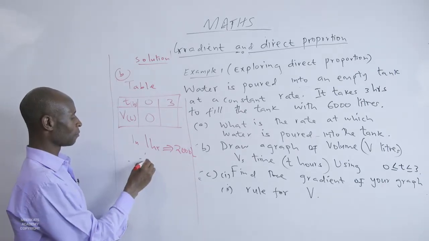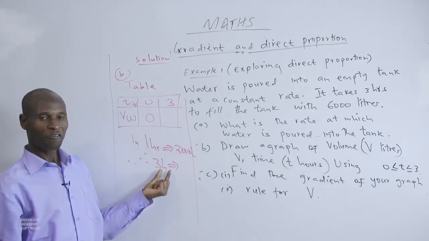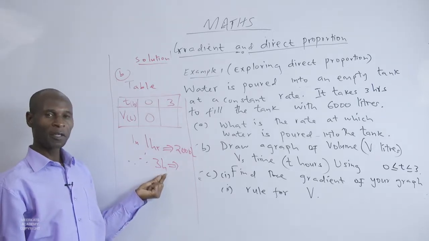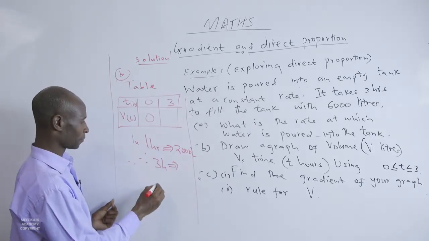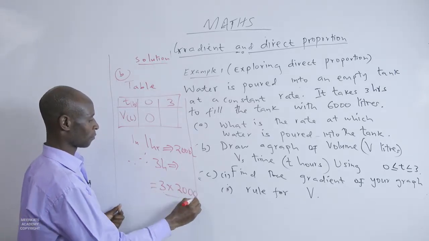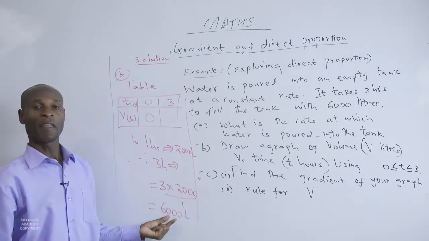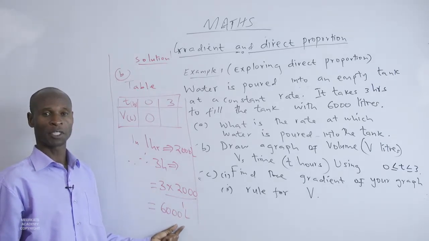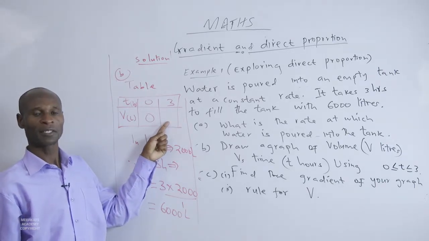What about 3 hours? To find the volume of water inside the tank after 3 hours, we take 3, multiply by 2,000, then divide by 1. That means after 3 hours, we shall have 6,000 liters of water inside the tank. And in our table of values, we fill in 6,000.